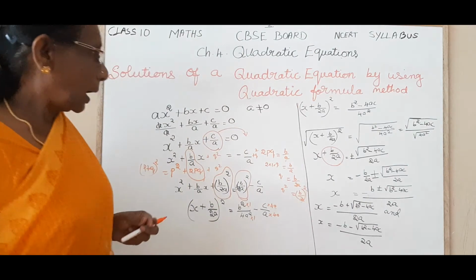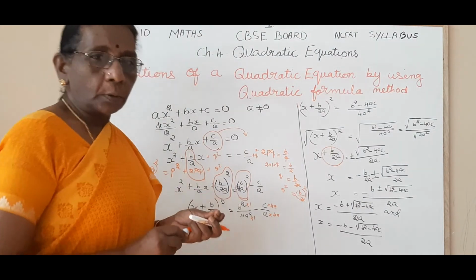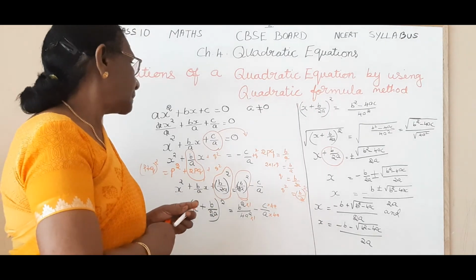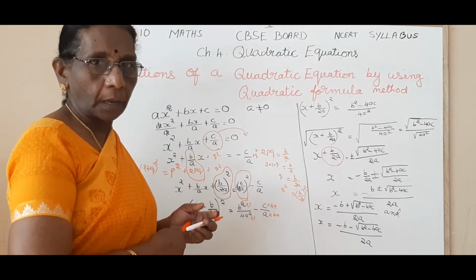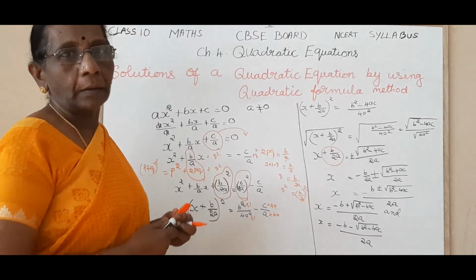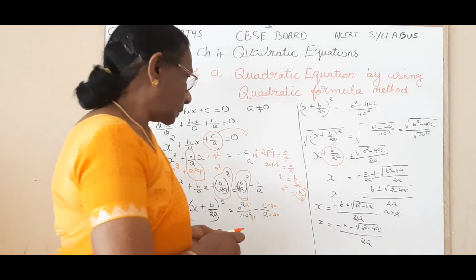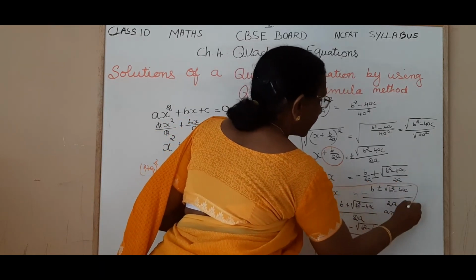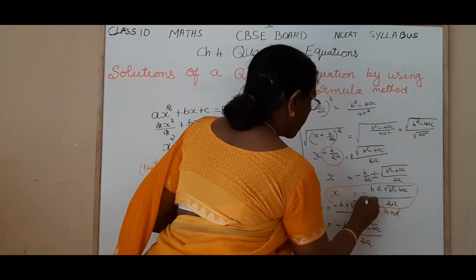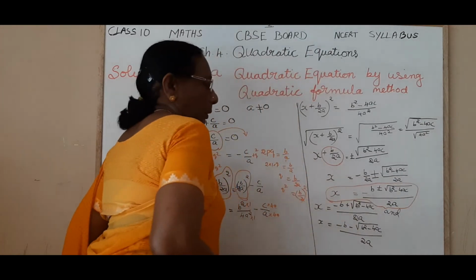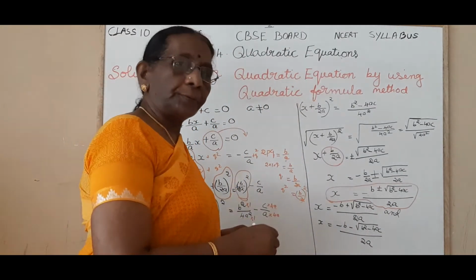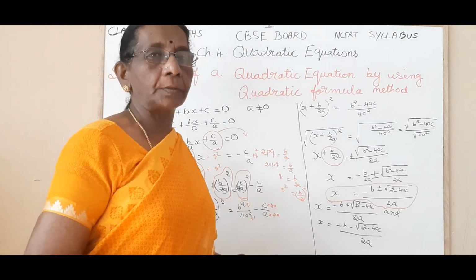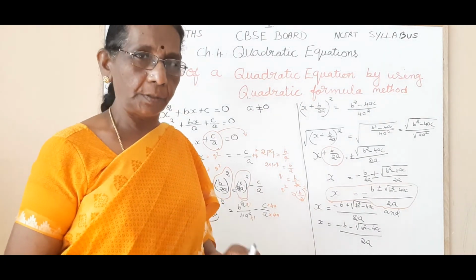Is it clear, children? How are we getting the solution of the quadratic equation ax squared plus bx plus c is equal to 0? Okay. So, this is the formula. This is called the quadratic formula, because it gives the solutions of the standard form of the quadratic equation ax squared plus bx plus c is equal to 0.